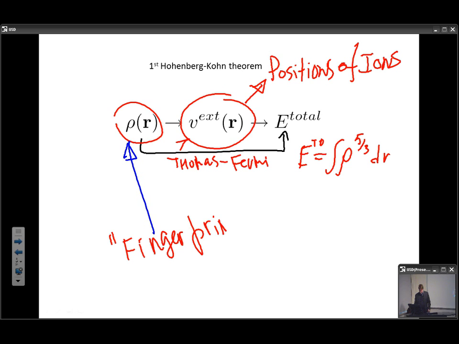Density is a fingerprint. And by looking, so when we place ions in the model, they determine in which spaces, in which areas of space, in which localizations electrons are most comfortable to reside. And so ions determine potential, and then this potential determines where electrons are residing.